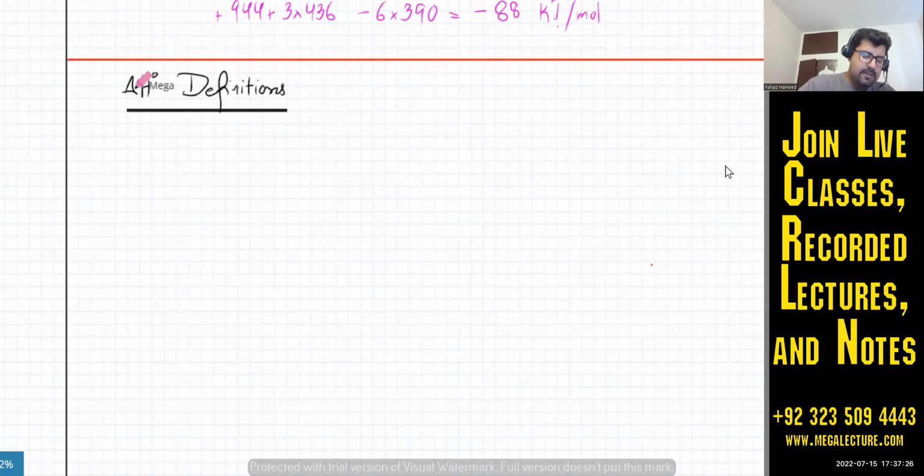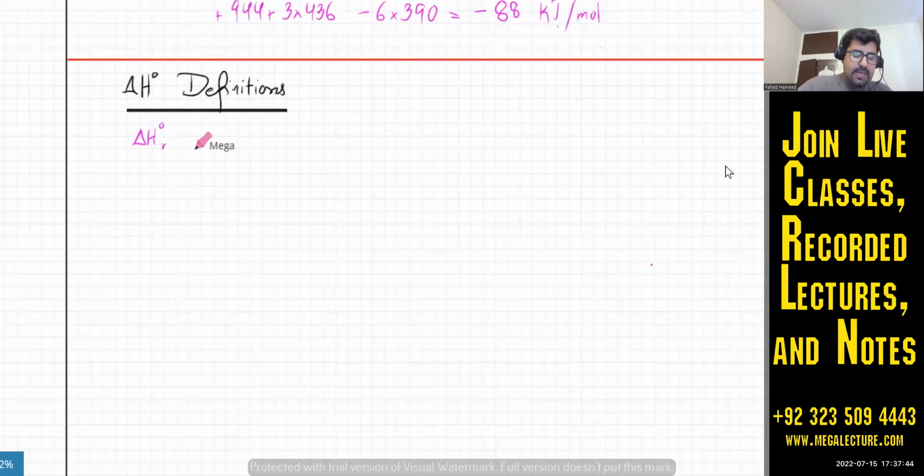Now, when you refer to enthalpy change, I'll first explain why labels are essential. Why do you label things? From now on, the enthalpy change would have certain labels.